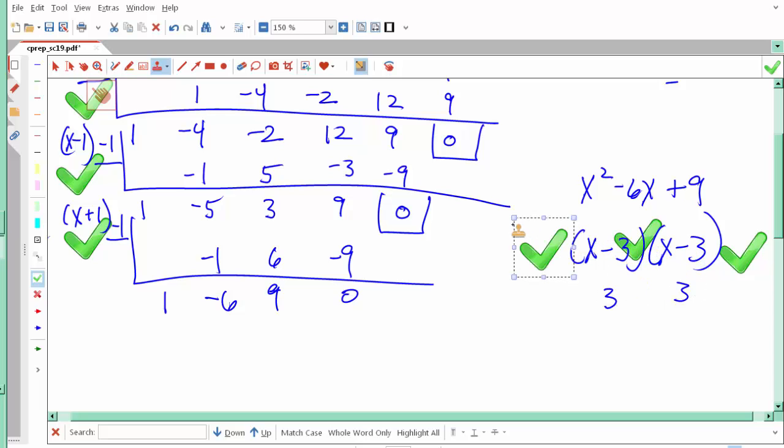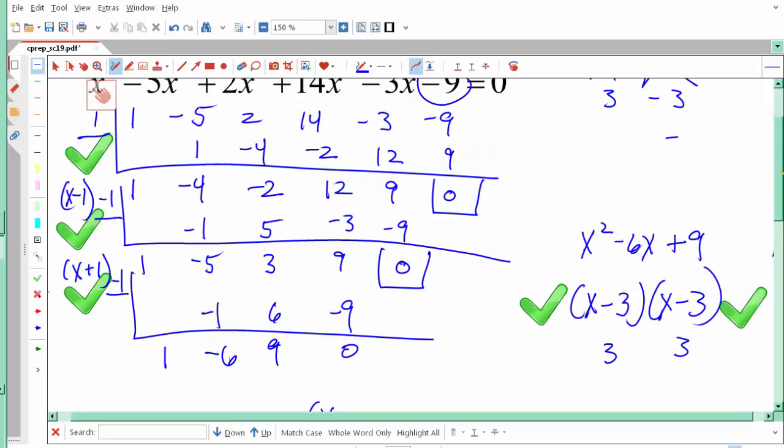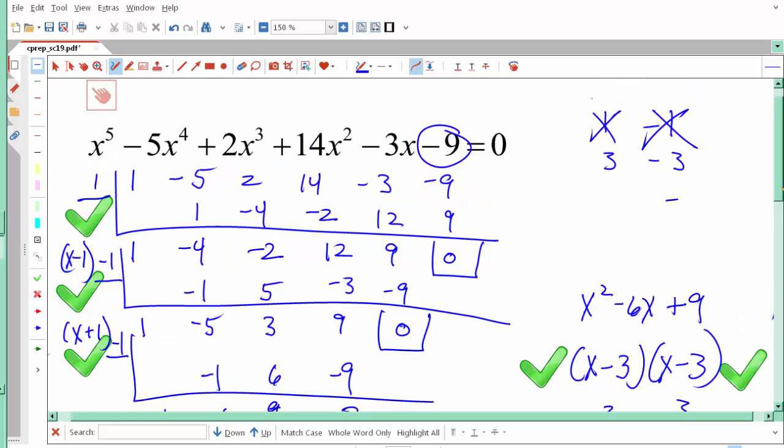So that means if I write the factored form of the equation, let's see, I have 1 x minus 1, and then 2 x plus 1s.